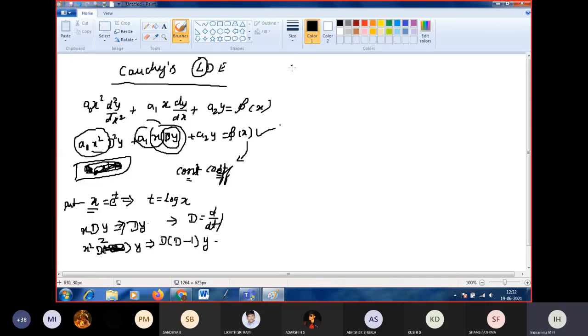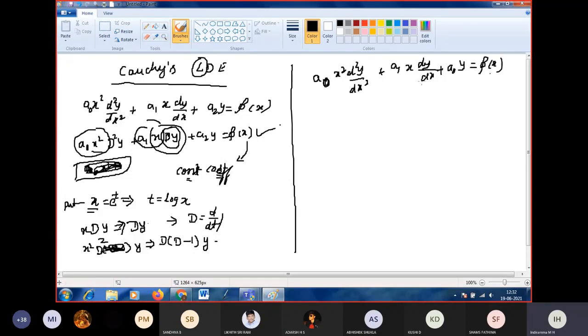So just remember that if we have a differential equation of the form a naught x square d square y by dx square plus a1 x dy by dx plus a2 y is equal to phi of x, you write this using capital D as a naught x square D square y plus a1 x Dy plus a2 y is equal to phi of x.